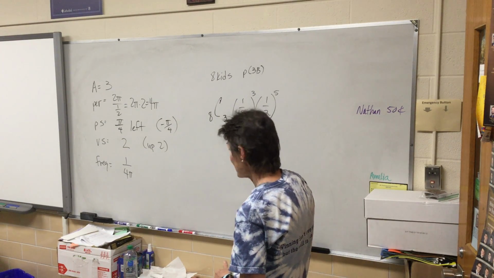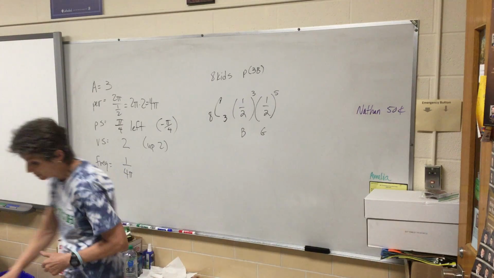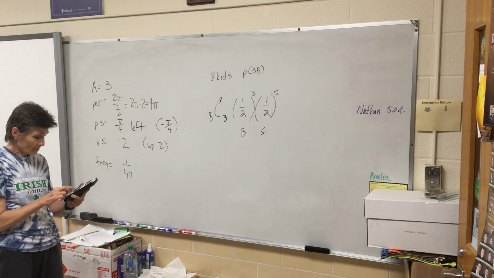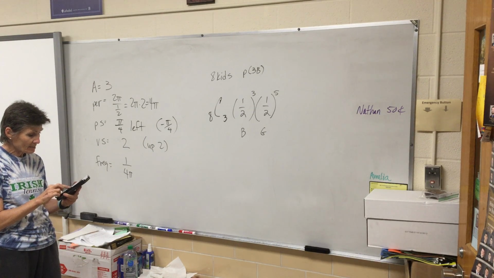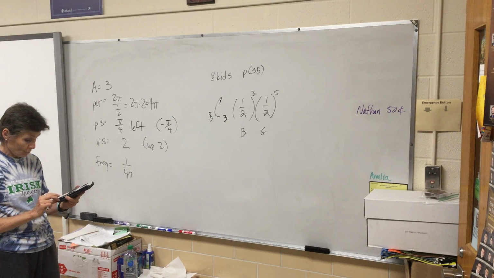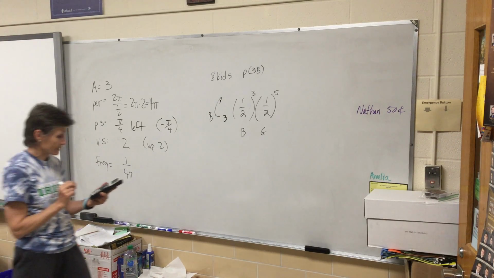So that's going to be the answer. I need to type that in on my calculator carefully. I suggest if you have a calculator that maybe you just practice typing this in, because you're going to have to do that on your test.